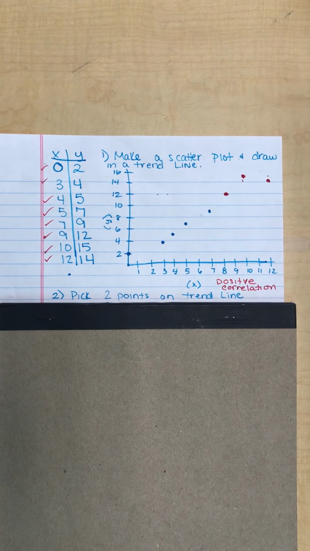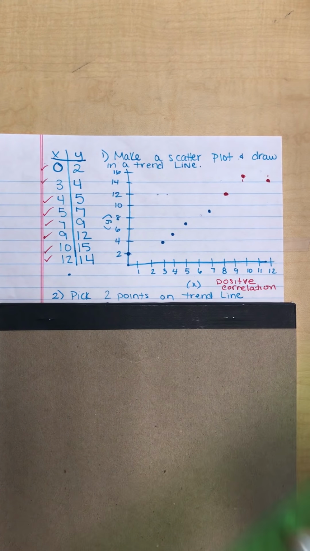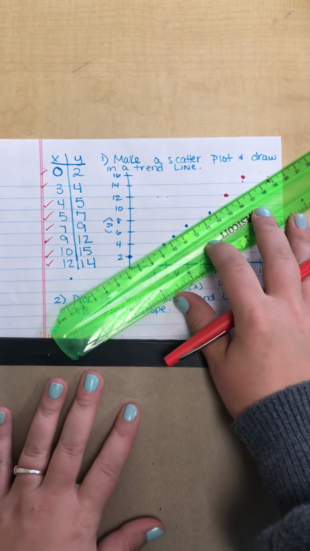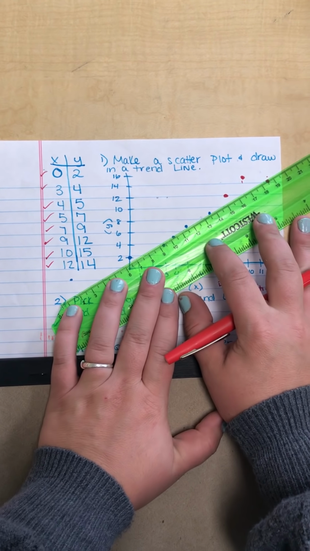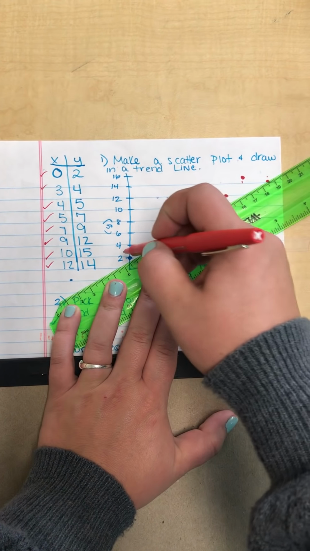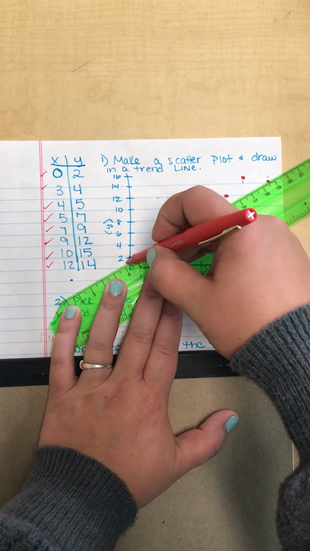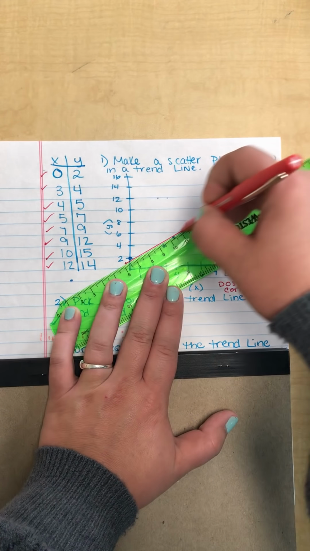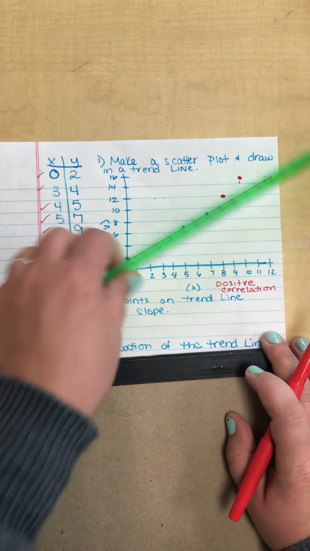I'm going to grab one right now. And once you have your ruler, you're going to line it up on your graph the best that you can to hit as many points as possible. Okay? The person sitting next to you might have a slightly different trend line than you. Just depends on where you choose to draw that trend line in.